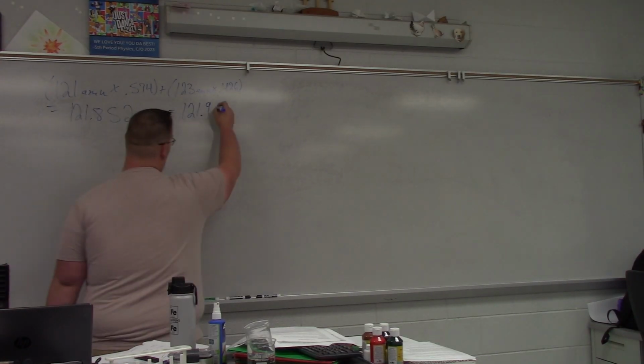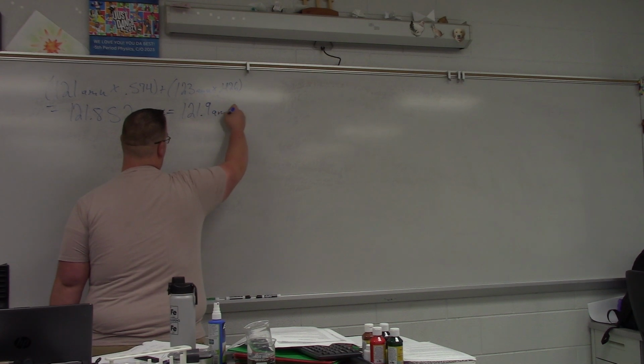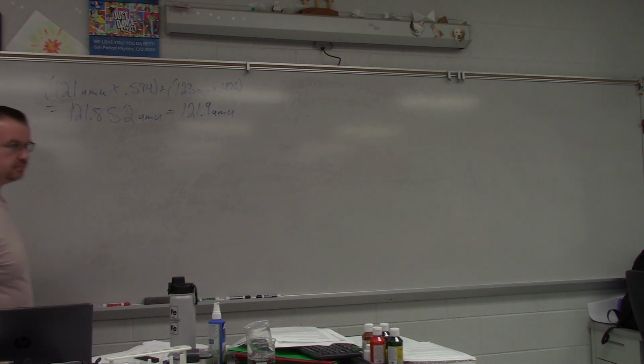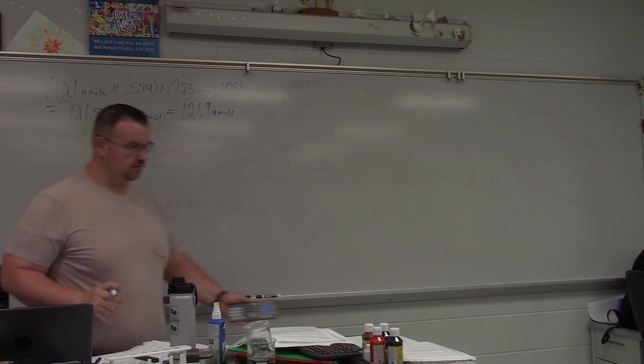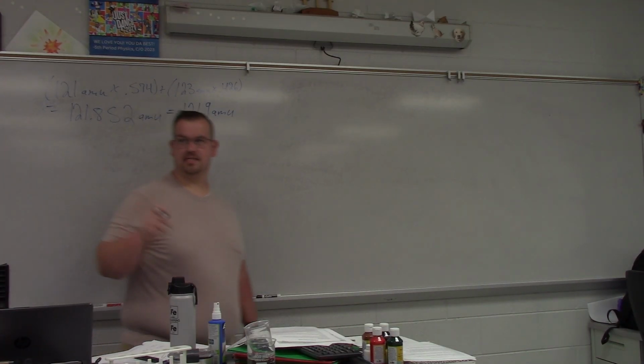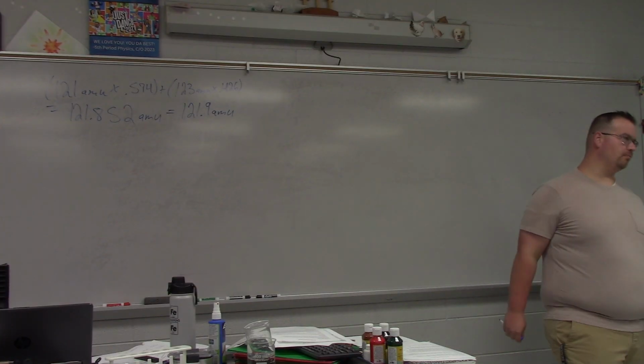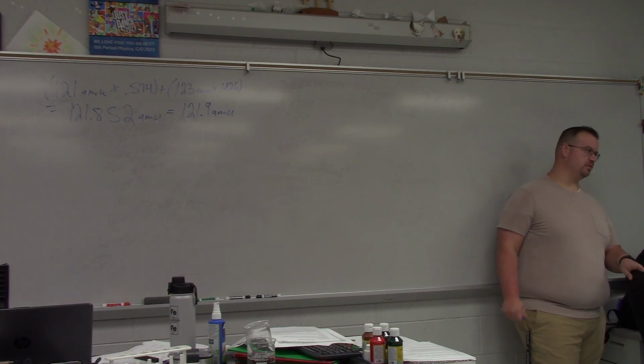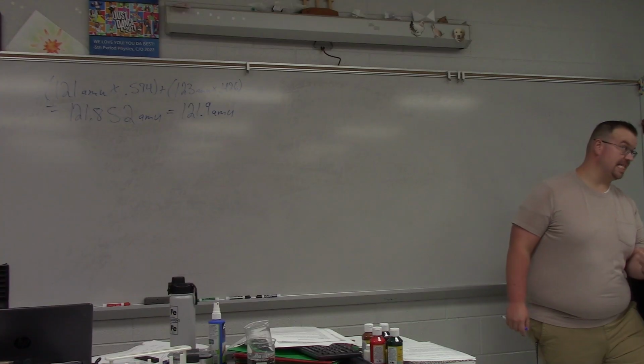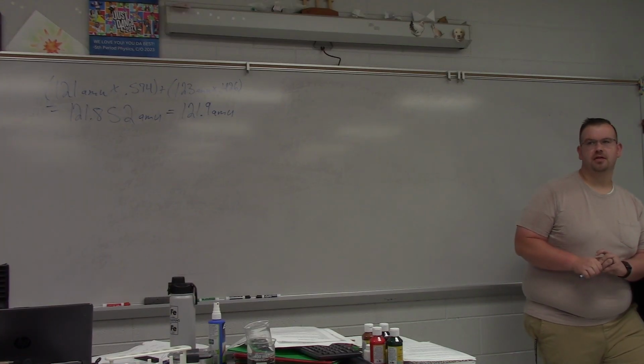I'm going to go 121.9 AMUs. If we're answering 122, then it will be counted correct. But the reality is, if they asked you to solve this on free response, you're technically one sig fig short, so you lose a point as if it was the significant figure question.